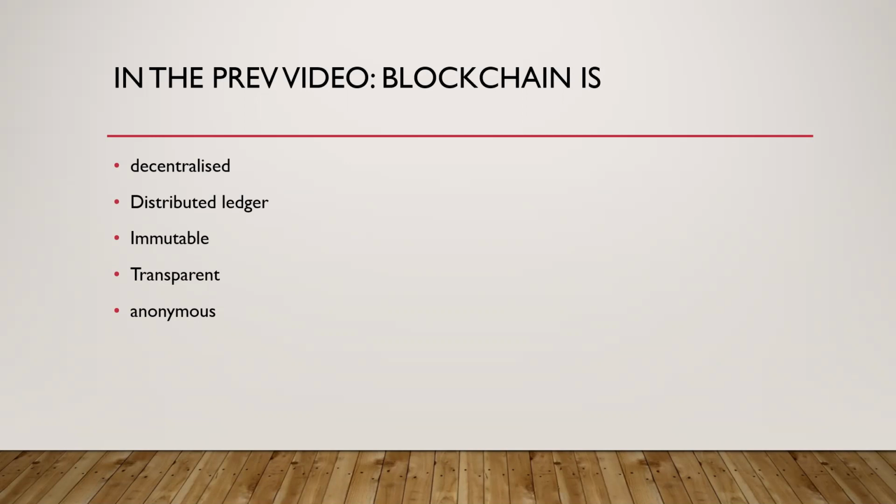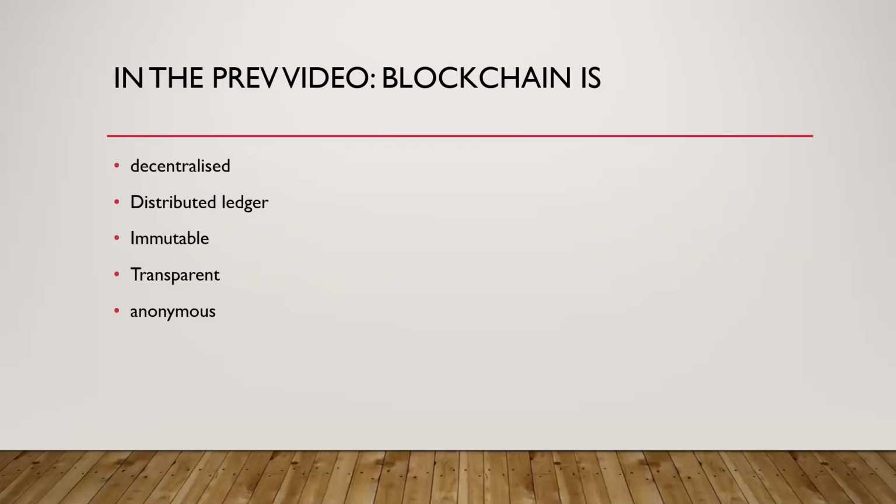Transparent, because whatever transaction is happening is visible to everyone within the network. Now it depends upon the kind of blockchain you're using, public or private, and that is completely a different story. Anonymous, so apart from your public address, no other information will be there.